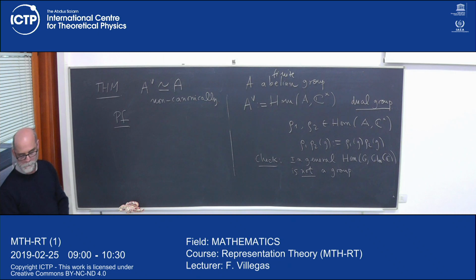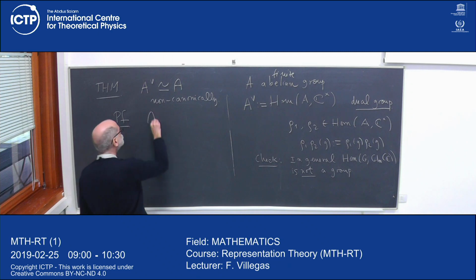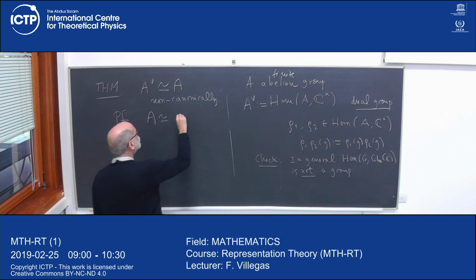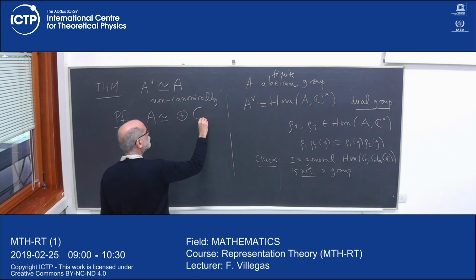Because A is a finite abelian group, we know that it is a product of finite cyclic groups, or Z. So this is a direct sum. Let me write it this way. We don't need too much detail.